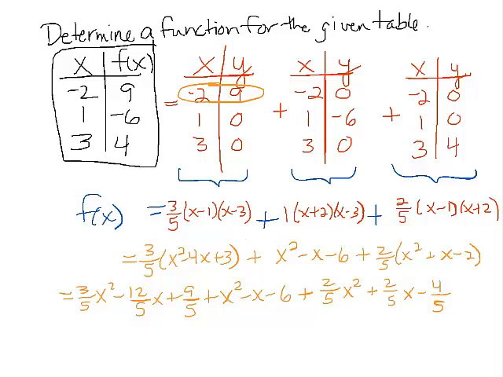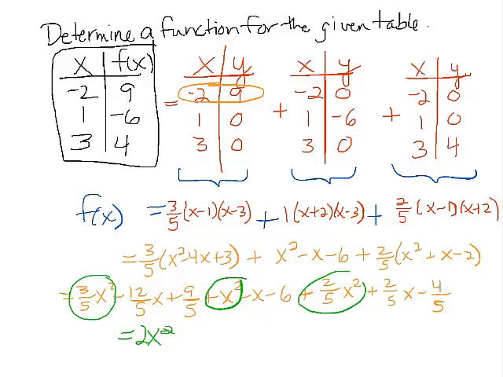And now I just need to combine my like terms. So here are my quadratics. So 3/5 and 2/5, oh that's nice, that adds up to 1. So 1x squared and 1x squared, that's 2x squared.